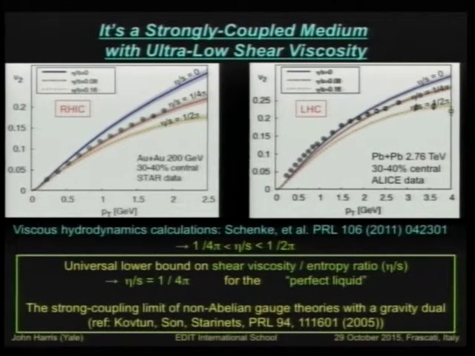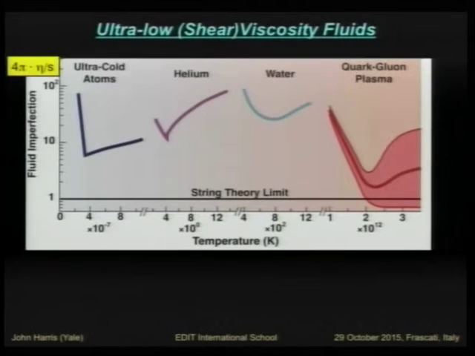Now, this was done basically in a string theory type calculation, but there have been perturbative calculations since then which come up with a number quite similar to this. The bottom line is to remember this 1 over 4 pi, and you see that we're very close to having a nearly perfect fluid at RHIC and LHC.